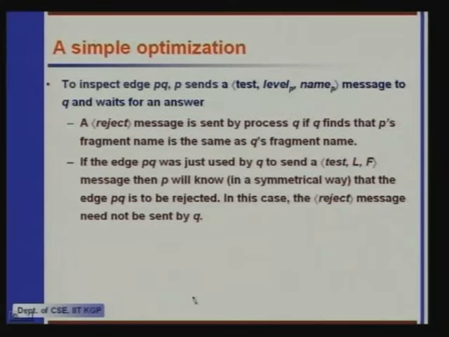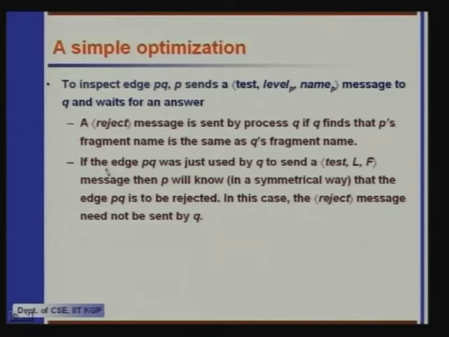Okay. Now, there is a further very simple optimization that is done here. Now, to inspect edge PQ, P sends a test message to Q and waits for an answer. Now, if Q finds that P's fragment name is the same as Q's fragment name, then it is supposed to send a reject message.